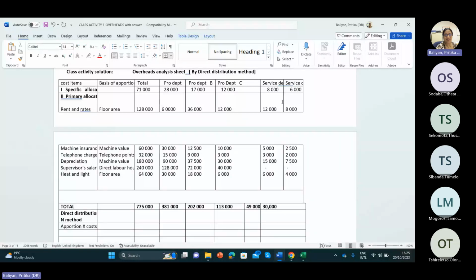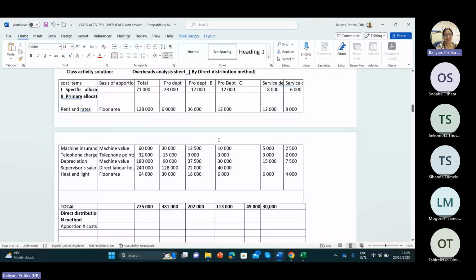Supervisor salary goes according to the direct labor hours, and heating and lighting according to the floor area. So we apportion them. Then after apportioning all the cost which is given together for all the departments, we determine the total of it.